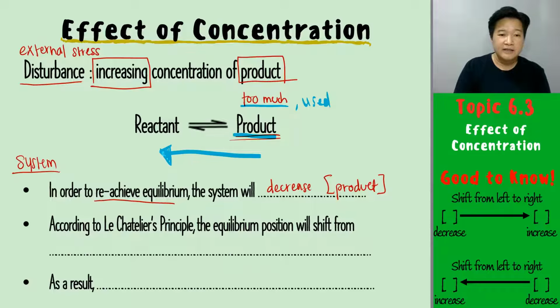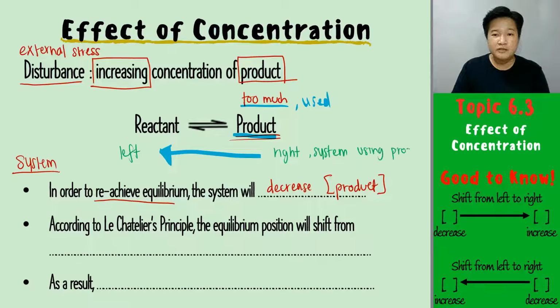Can you see that? So, when you're moving from the right to the left, okay? Your system is using the product. So when your system is using the product, what happened to the concentration of product? The concentration of product will decrease. And that is what your system wants to re-achieve equilibrium.